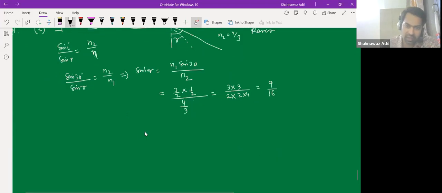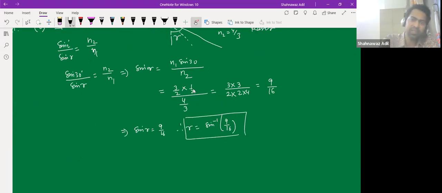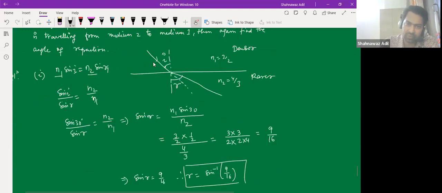So then sine R is 9 by 16, and R would be sine inverse 9 by 16. So this is the answer for the case when it is going from N1 to N2. We don't have to simplify the fraction. We can simplify it, but this is good enough.